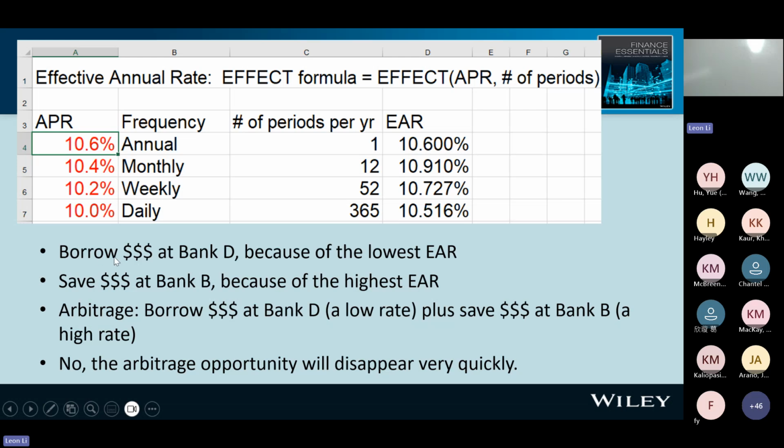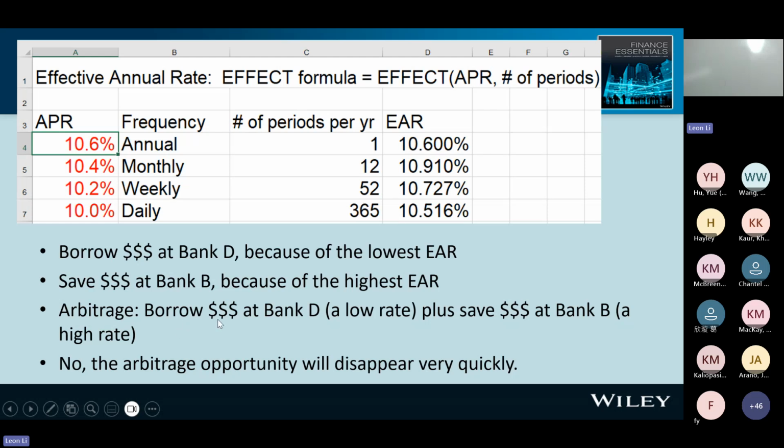If we want to borrow the money, we will choose the lower rate. You can see the EAR here is lower, so we choose bank D, at a lower rate. If you want to save the money, you choose the higher rate. So bank B, the higher rate.